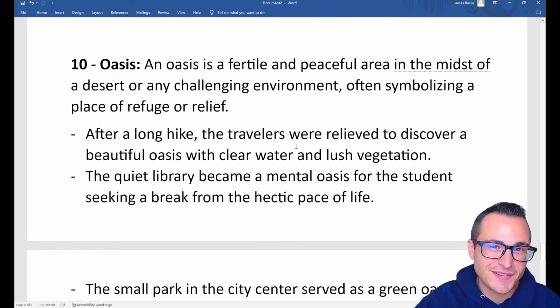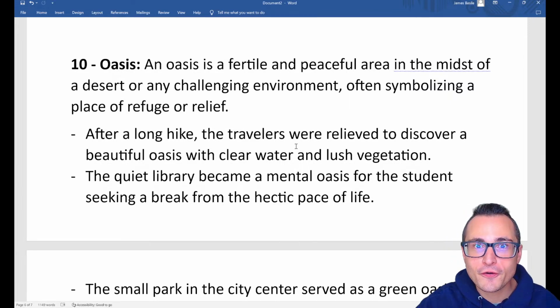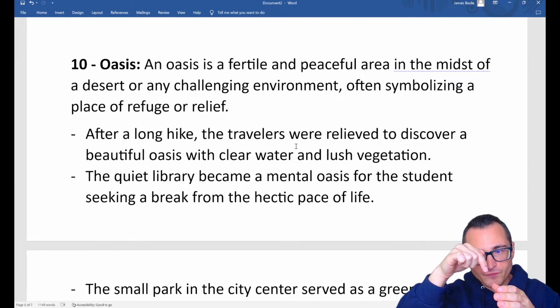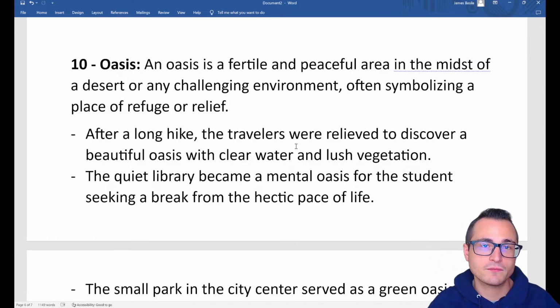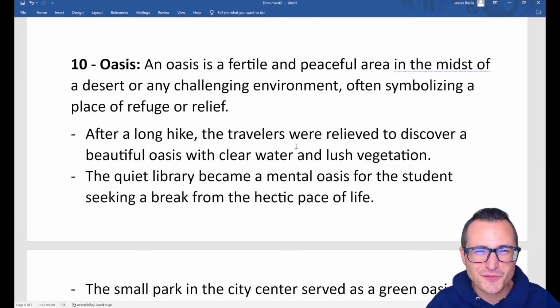Vocabulary word number 10 is oasis. An oasis is a fertile and peaceful area in the midst of a desert or any challenging environment, often symbolizing a place of refuge or relief.